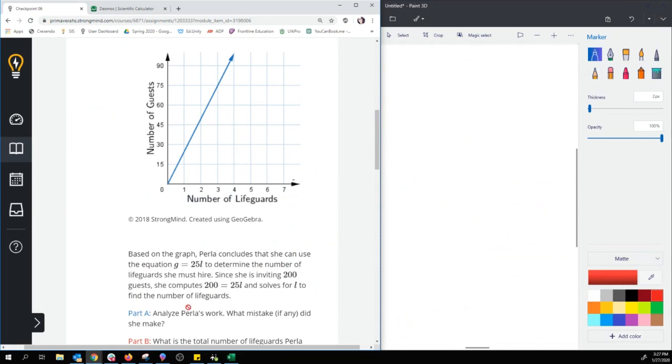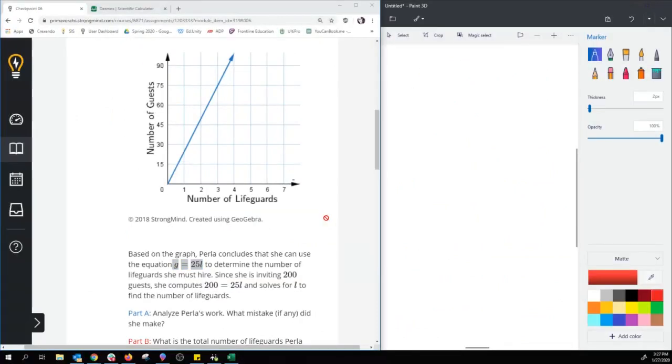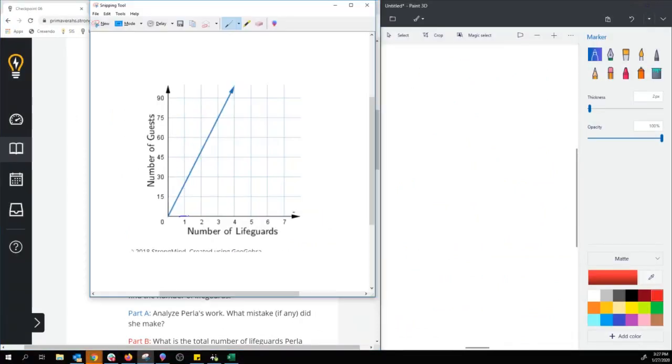So the first thing that we want to check, because part A is asking us to see if she made any mistakes, is her equation here. Remember that for our unit rate, we want to look where 1 is on the x-axis. So if I look here where 1 is, and I bring this straight up to where it touches my line, and then move it over to my y-axis. Now there's no number here, but it's a number that's bigger than 15 and less than 30, right?